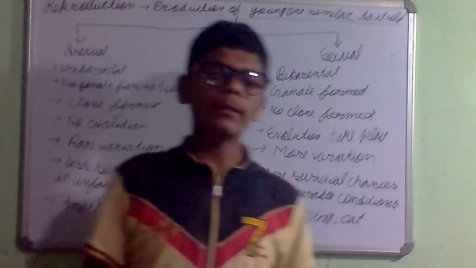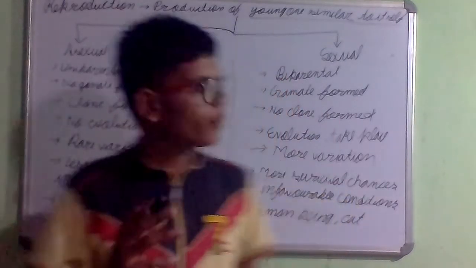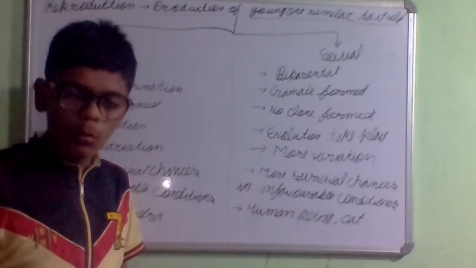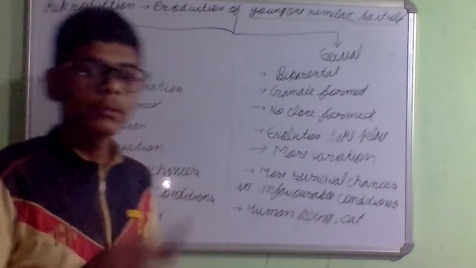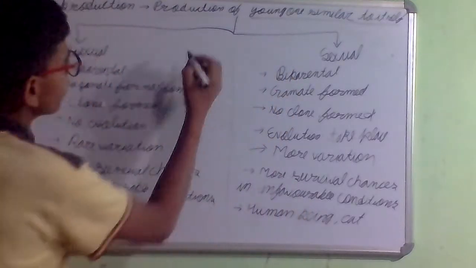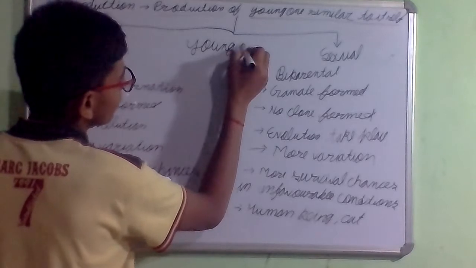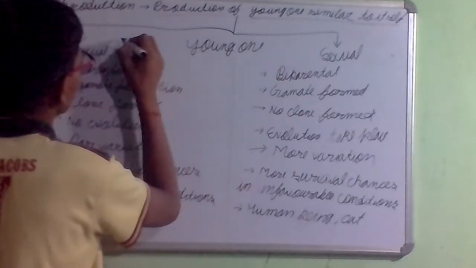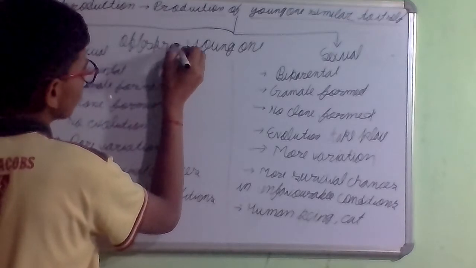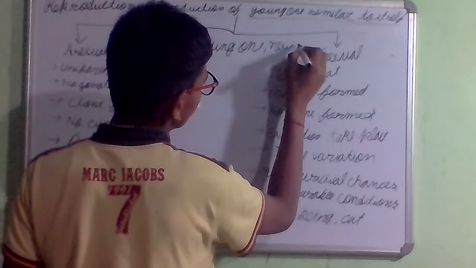It can also be called production of a new organism, young one, or offspring.